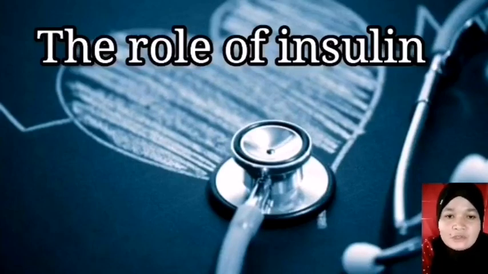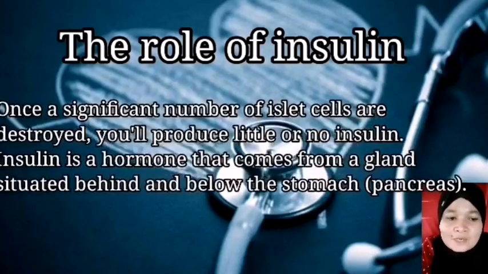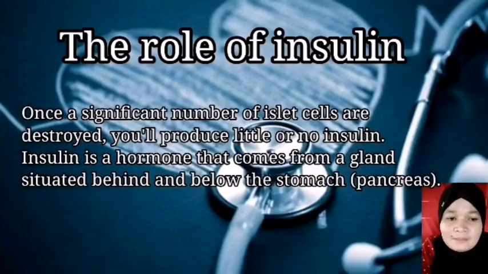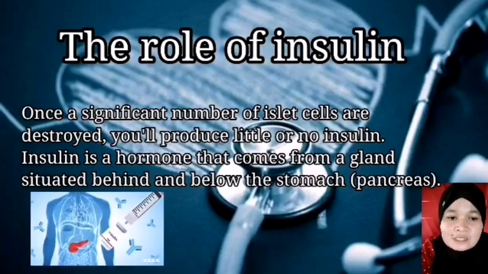So, the role of insulin. Once a significant number of islet cells are destroyed, you produce little or no insulin. Insulin is a hormone that comes from a gland situated behind and below the stomach, the pancreas.